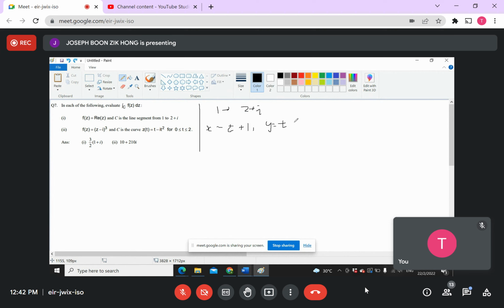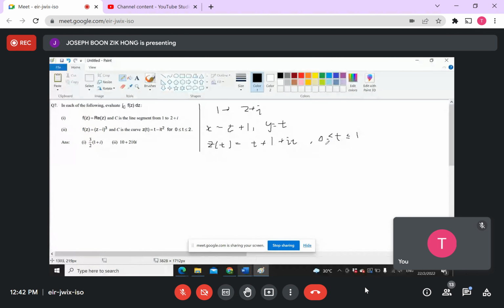Then z is t plus 1 plus it, where t is 0 to 1.